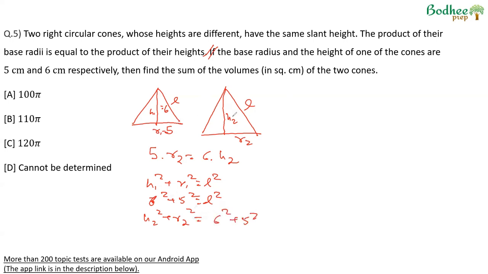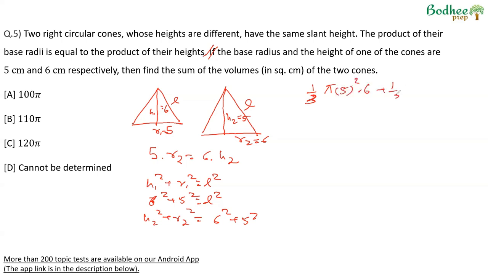Clearly, if we interchange the values of h2 and r2, we get h as 5, r as 6. For the second cone, the product will be the same, 30 and 30, and the slant height will also be the same. We have to find the sum of the volumes. The volume for the first one will be 1 by 3 pi r square h.